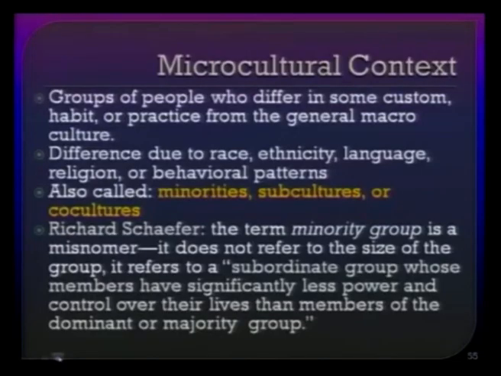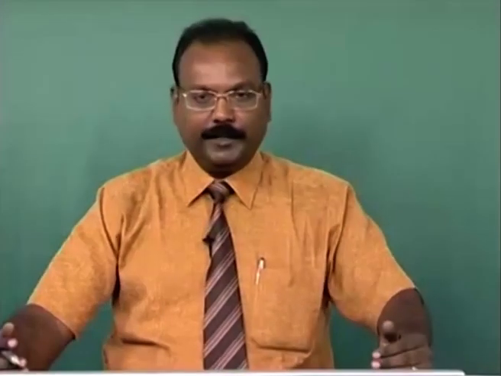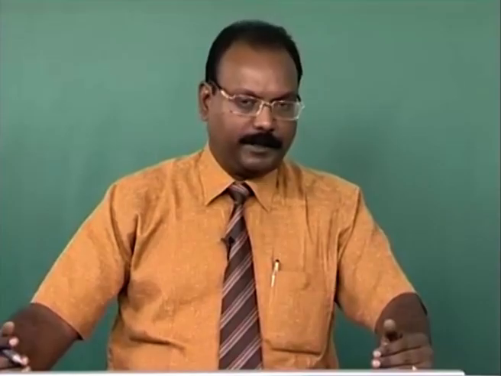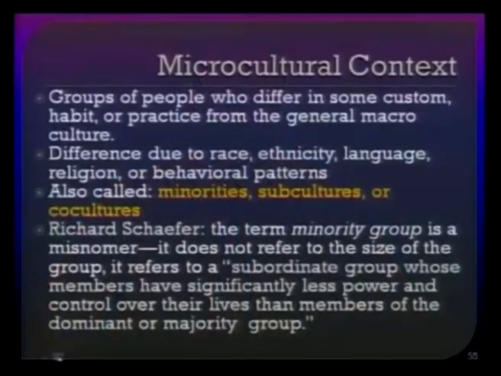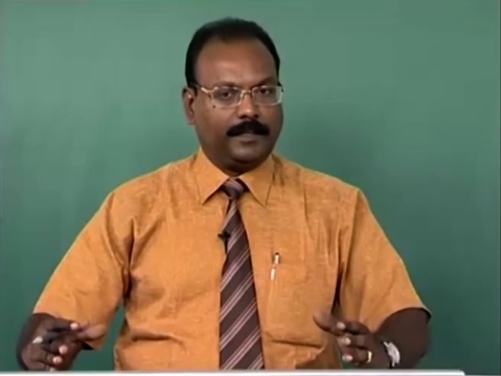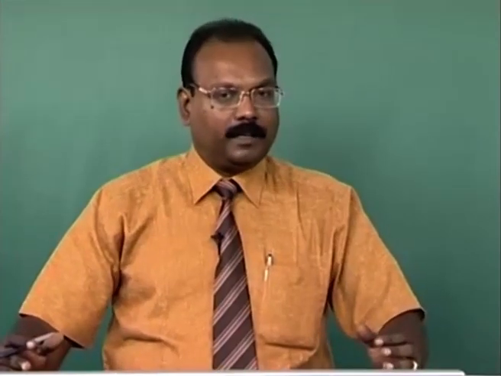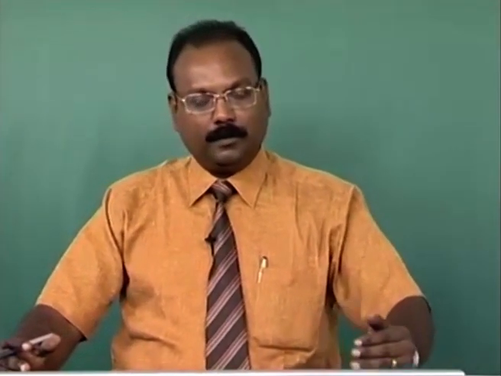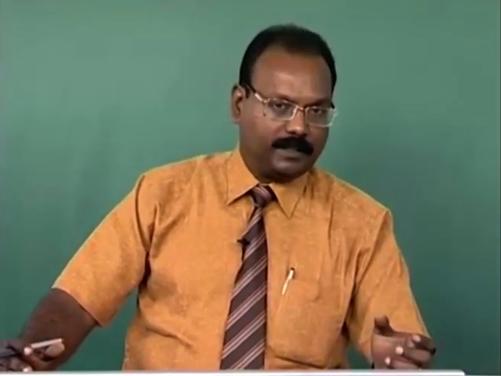And another aspect of this cultural variation is to be read under the microcultural context. Remember, at the beginning we looked at a layout in which culture is seen as the universally guiding, governing principle, but under which we also saw certain microcultural contexts which may deviate from the cultural norms.